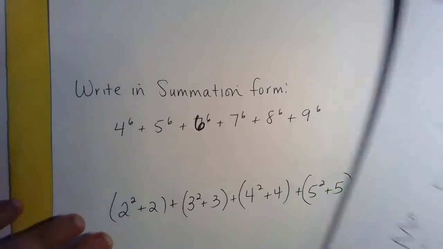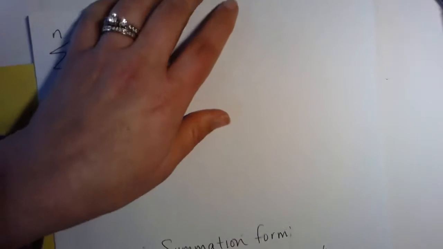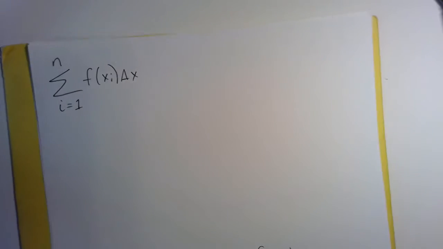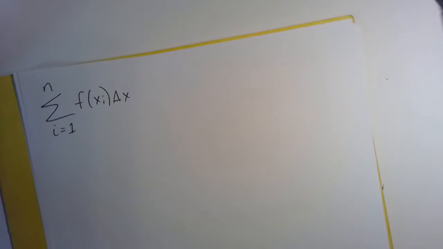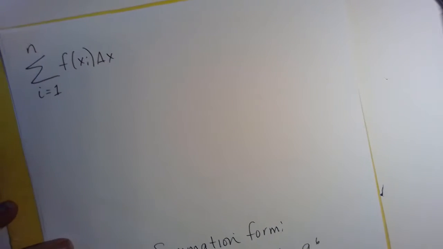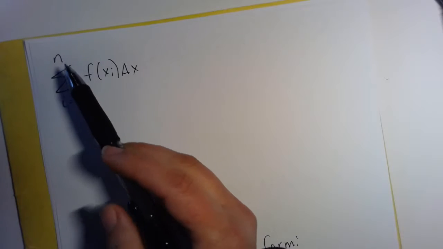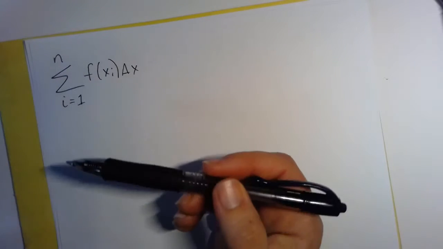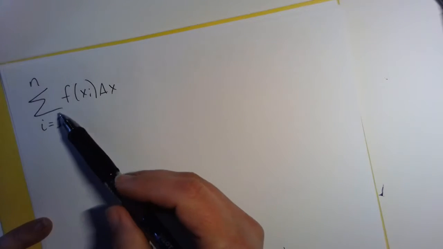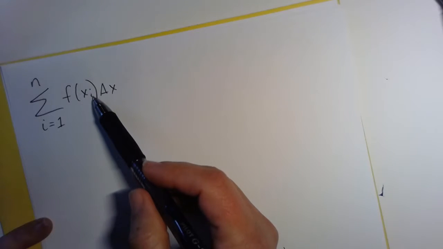Okay? So let me write out one more. We're going to get really used to this one in a little bit. I just want to write out some terms here. This is a summation formula, and this means I'm going to plug in starting with 1 up until I get to the nth term. The only place where I have the i is this.